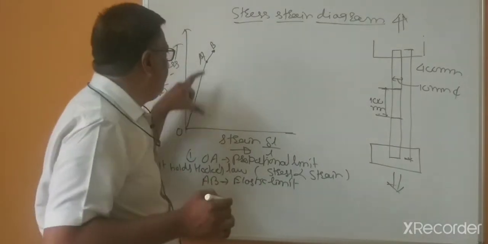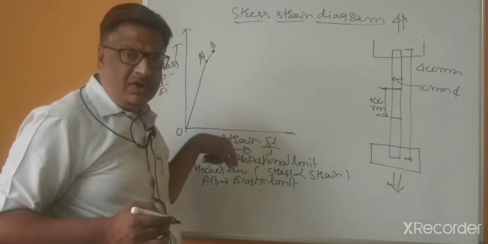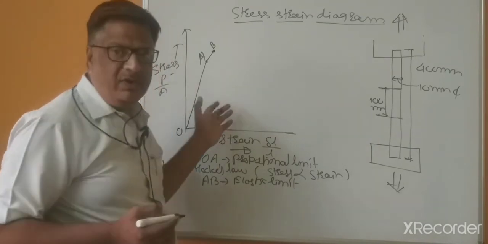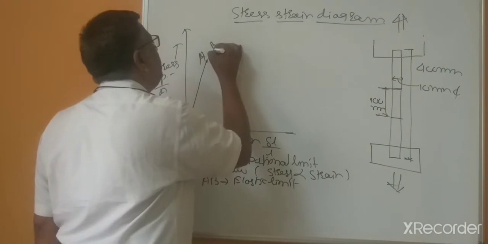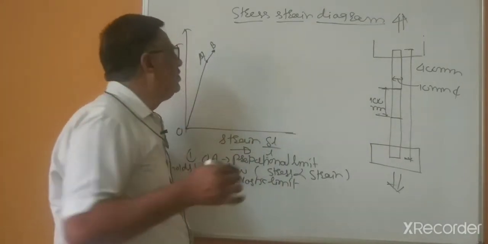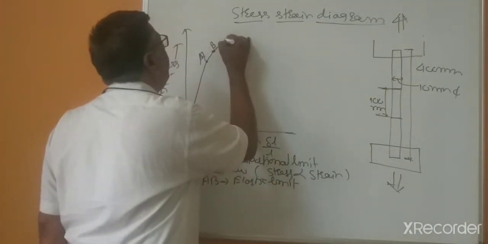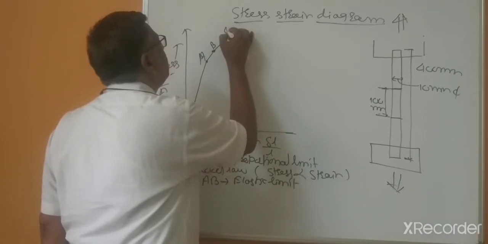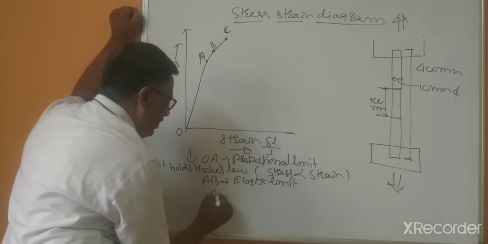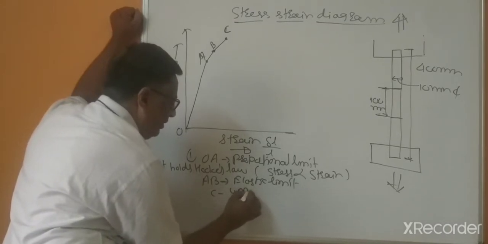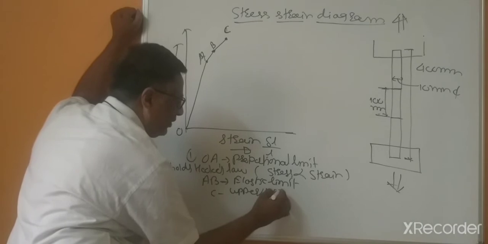Elastic limit means up to point B, if we are applying tensile force, the material will regain its original shape and size. After point B, if we keep increasing the loads, you will get the upper yield point. This is point C, the upper yield point.